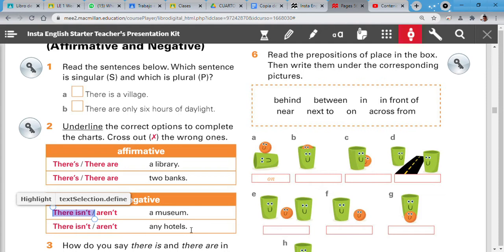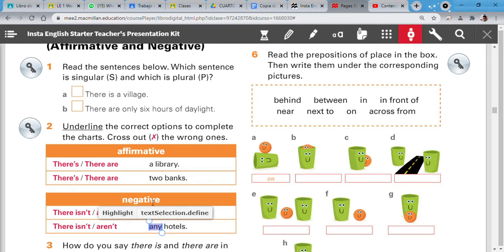And the plural, hotels. There aren't any hotels. So you can help your sentence with any. There aren't any teachers. There aren't any laptops. There aren't any books. It's a possibility.